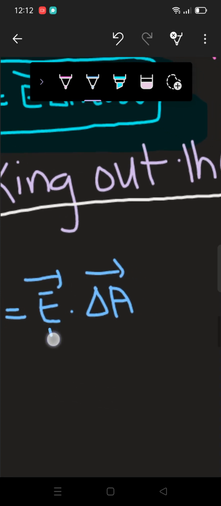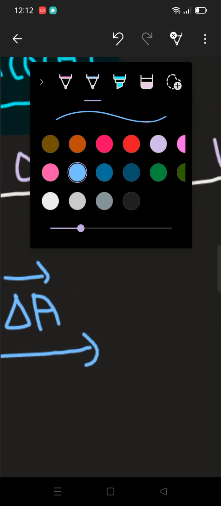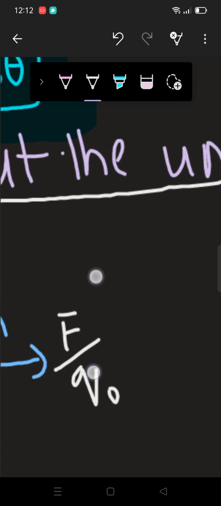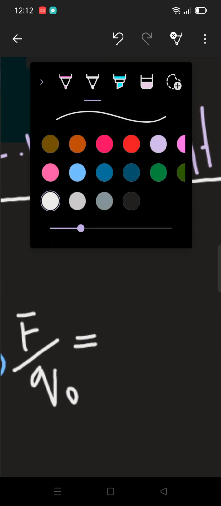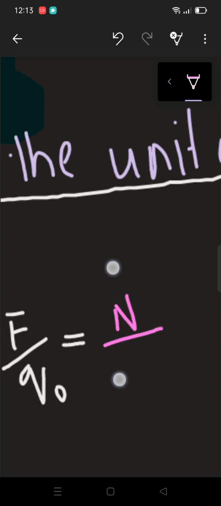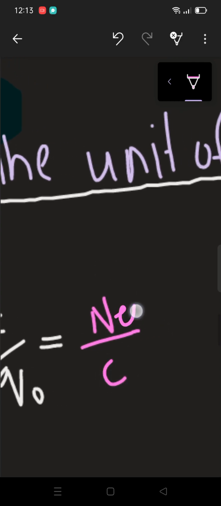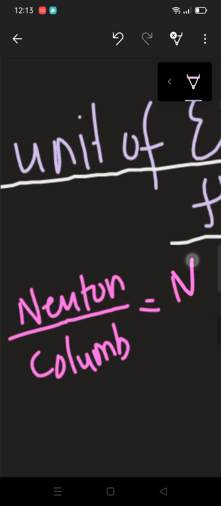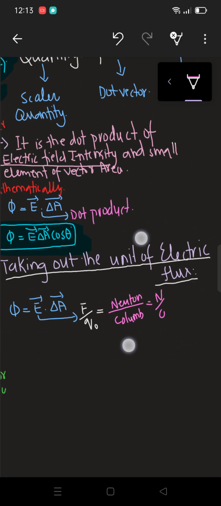The unit of force is Newton, and the unit of charge is Coulomb, so Newton per Coulomb, N per C, is the unit of electric field.